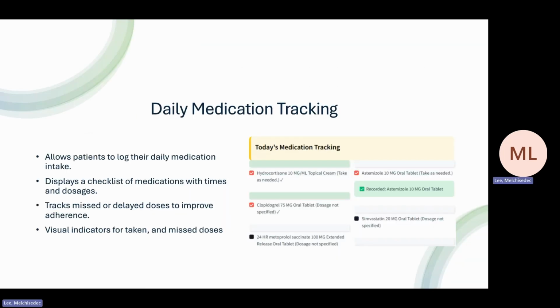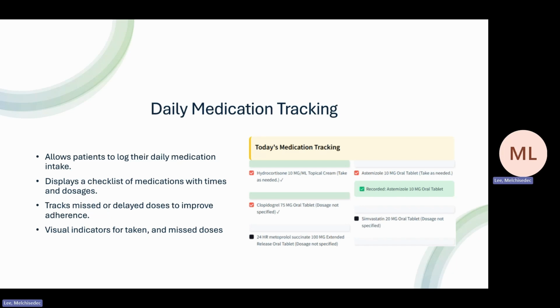Our system helps patients log their daily medication intake, providing an easy way to keep track of their medication routine. It also displays a clear checklist of medications, including the times and dosages, making it simple for patients to follow their prescribed schedule.